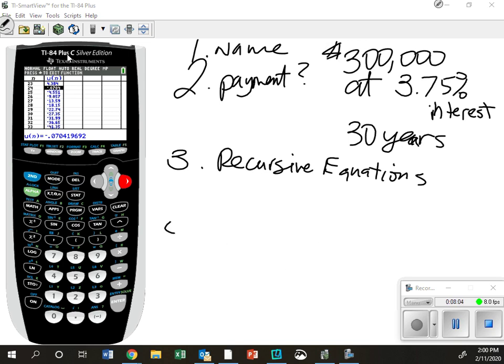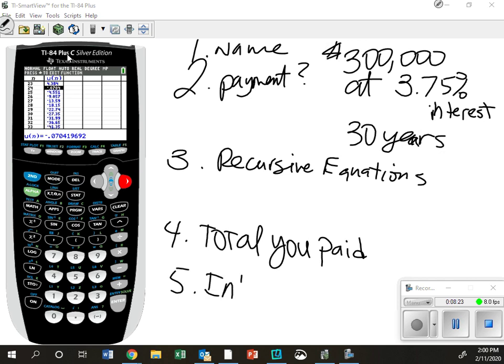Question 4 is total you paid. Don't be shocked when you end up paying way more than $300,000 for your house. And number 5 is interest paid. That's easy once you know the total you paid. It's easy to figure out the interest at the end.